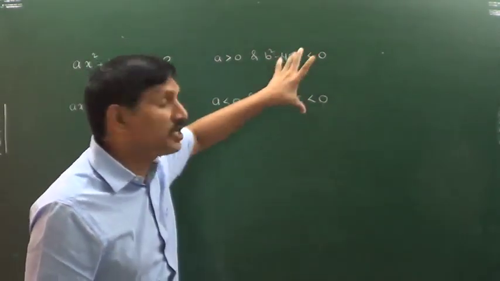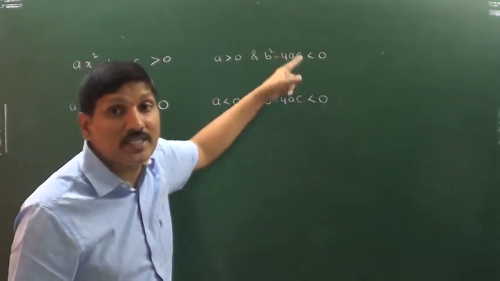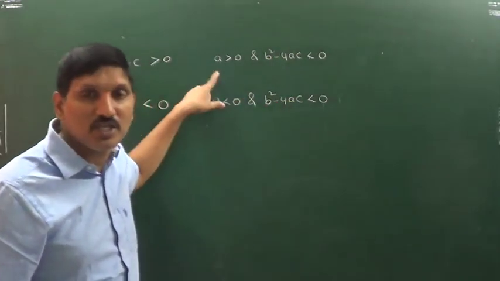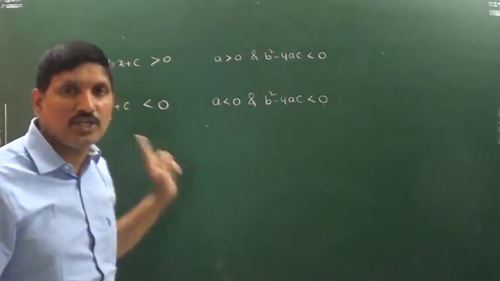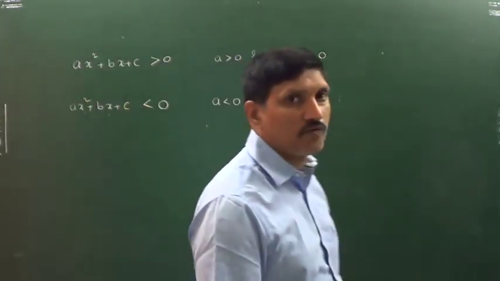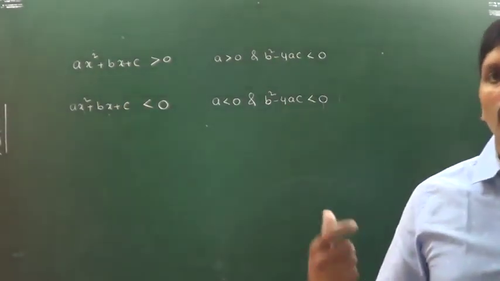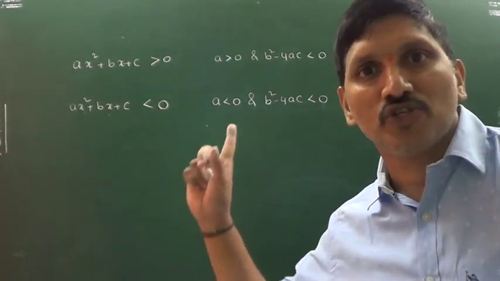In both the cases it has imaginary roots. A greater than 0 means the expression is positive. A less than 0 means the expression is negative. That is a new point for this class. So try anyone how we will get this particular point.